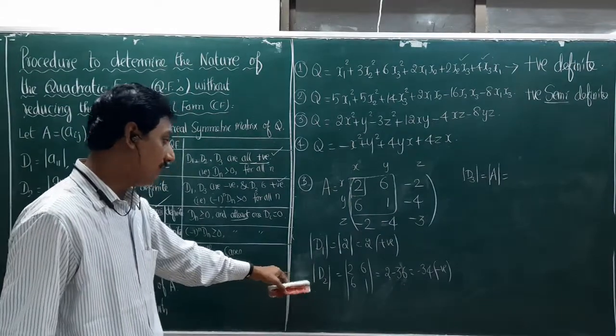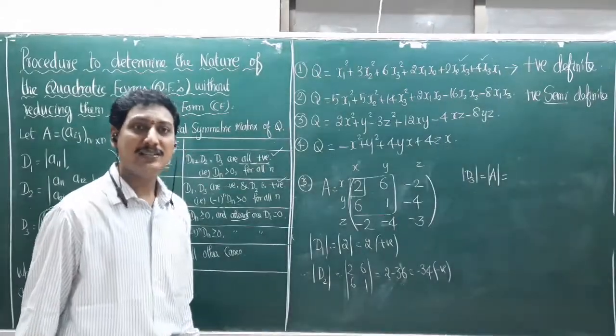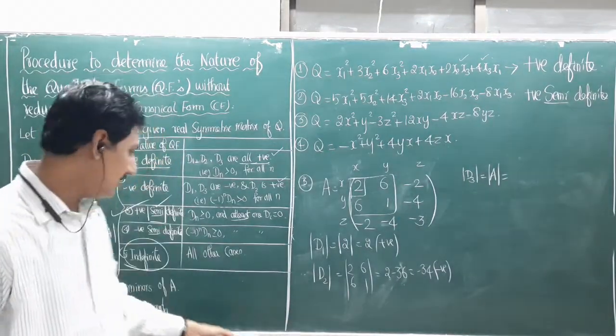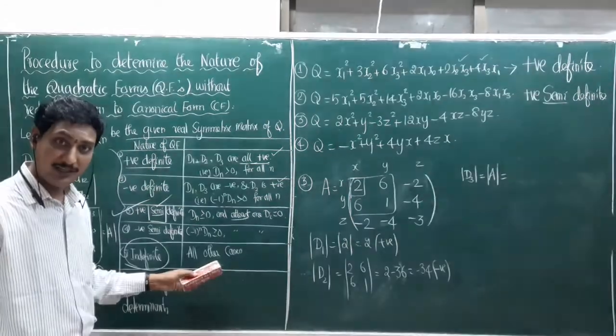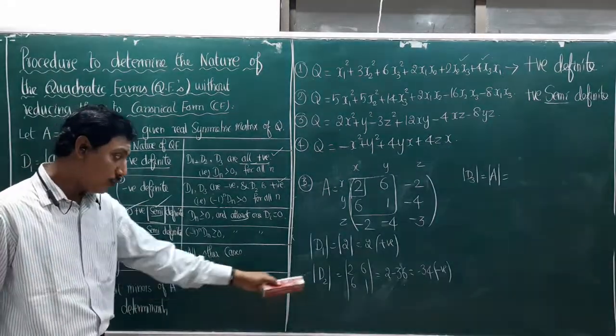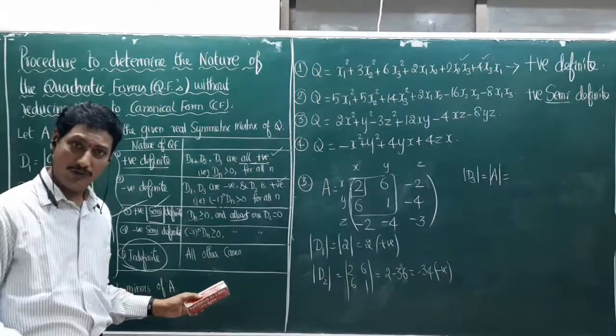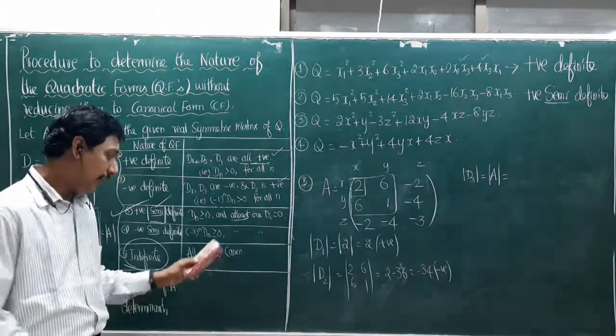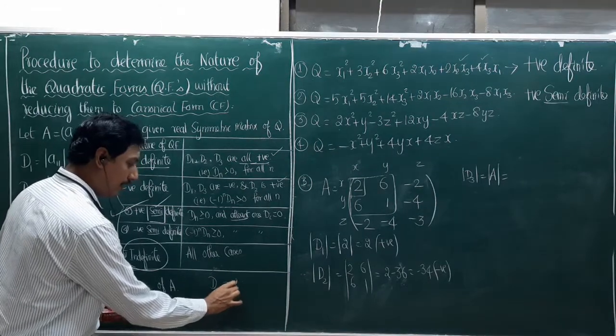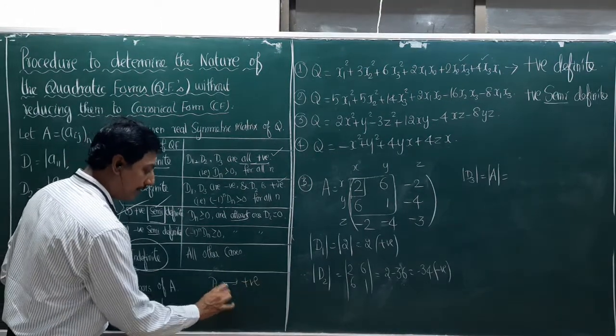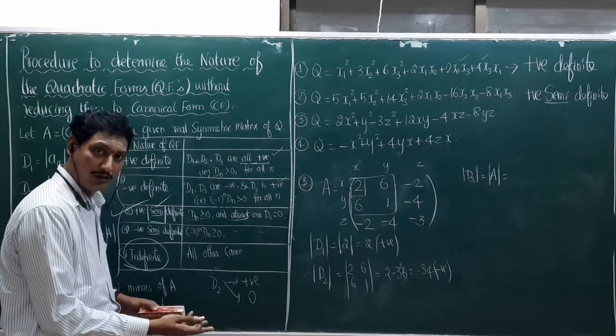Once D2 comes negative, the answer must be indefinite because it is all other cases. You see that? All other cases. Once D2 is positive, however, it may be 0. Only two possibilities: D2 is maybe either positive or maybe 0. It is well and good.